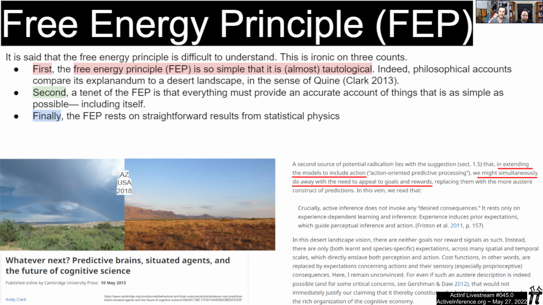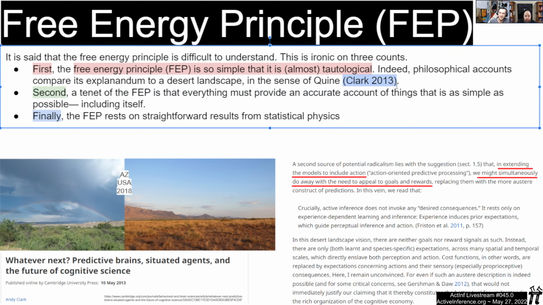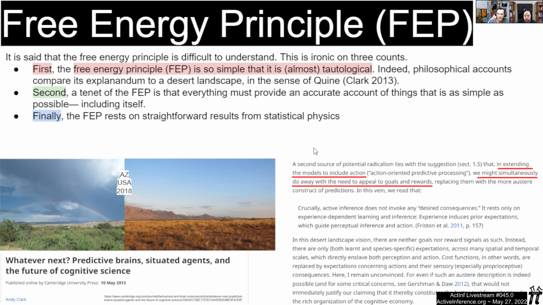That's some high-level irony. And the third reason is how could it be difficult to understand when it rests on straightforward results from statistical physics? And then I just wanted to highlight this Clark 2013 citation and the desert landscape, because that seems like an oblique reference. But here's what Clark wrote, and also here are 2 representations of desert landscapes.